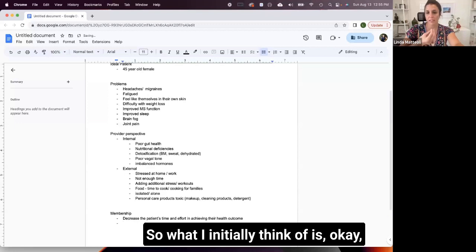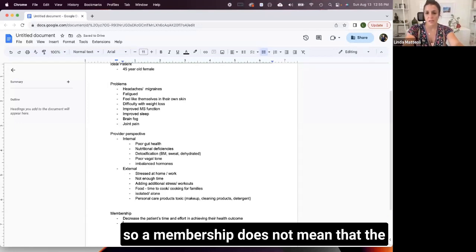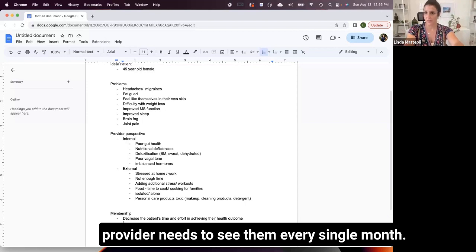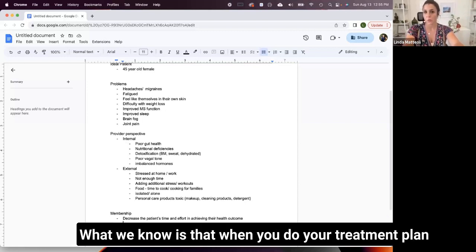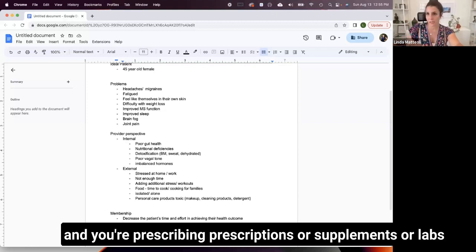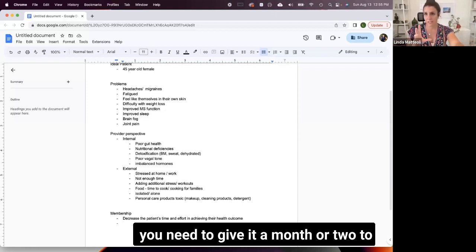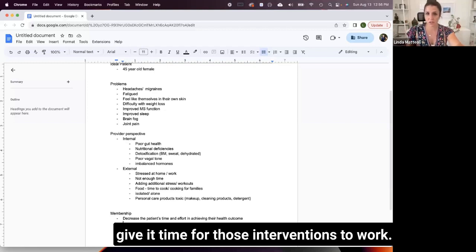So what I initially think of is, okay, a membership does not mean that you, the provider, need to see them every single month. What we know is that when you do your treatment plan and you're prescribing prescriptions or supplements or labs or things like that, you need to give it a month or two to give it time for those interventions to work.